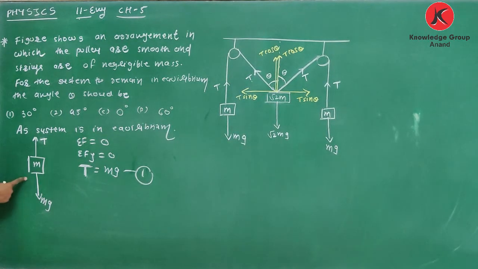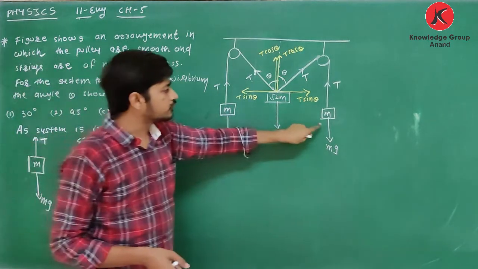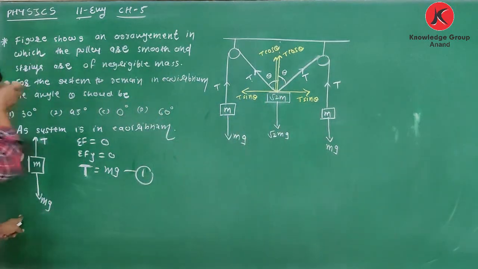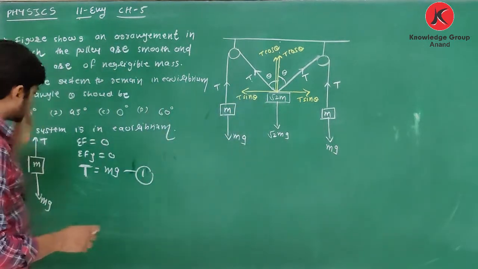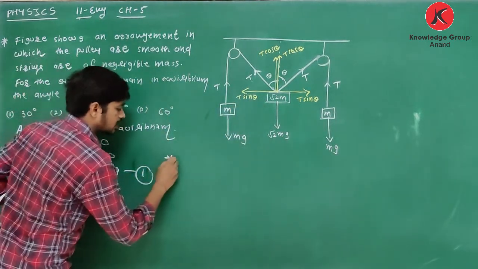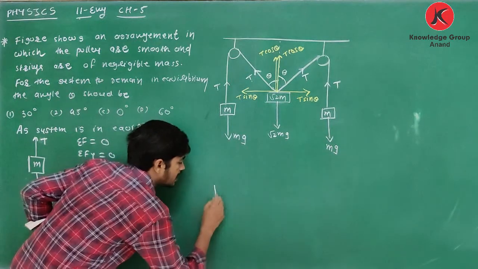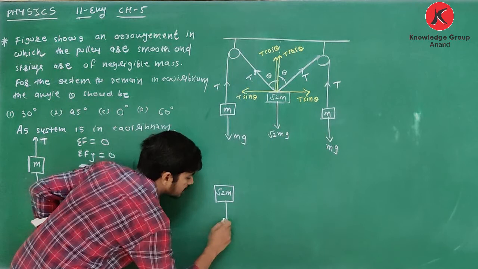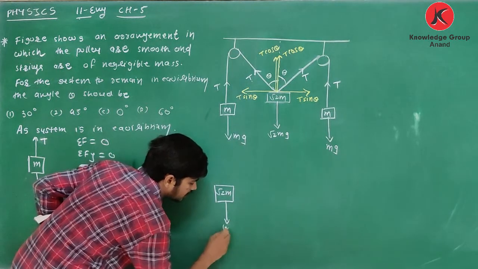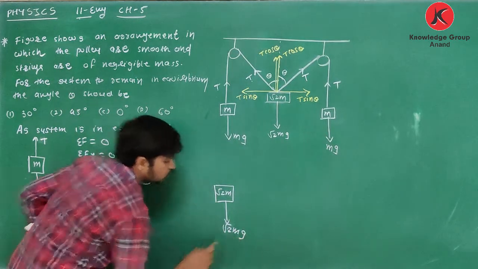Now this block is in equilibrium, so this block is also in equilibrium, and for this it is the same condition. Now what about this block? See, I will draw this block, having mass root 2 m. On this block, in downward direction, the force acting is its weight, that is root 2 mg.